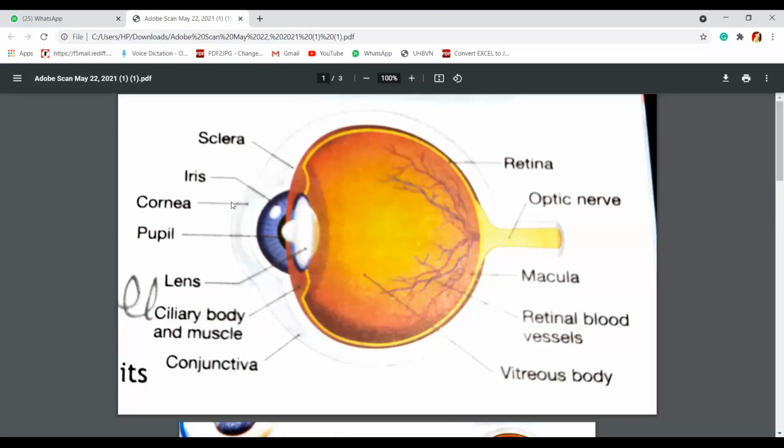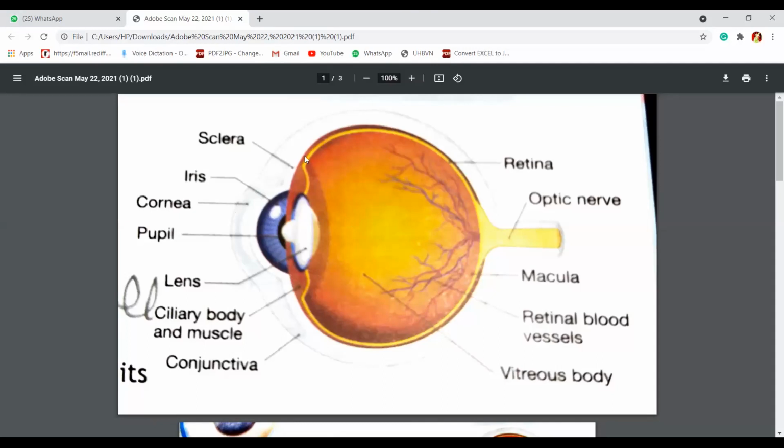The cornea is the white transparent part you can see. After that, the iris is also there. The black portion is known as the pupil, and behind it there is a lens.